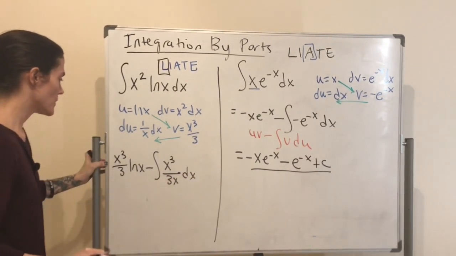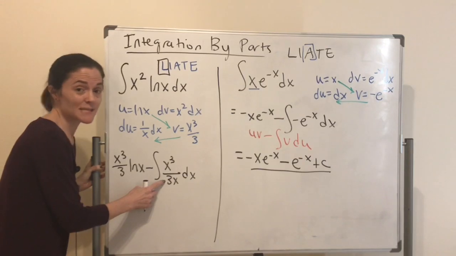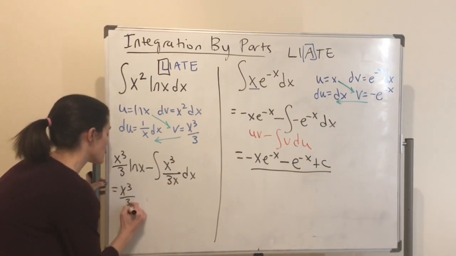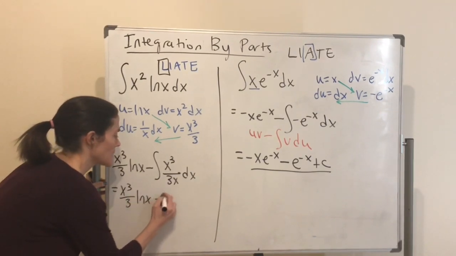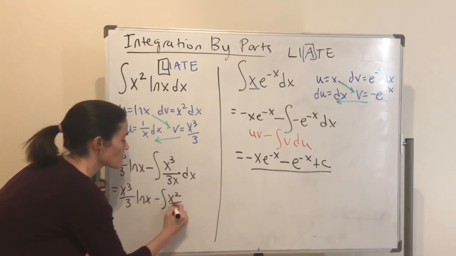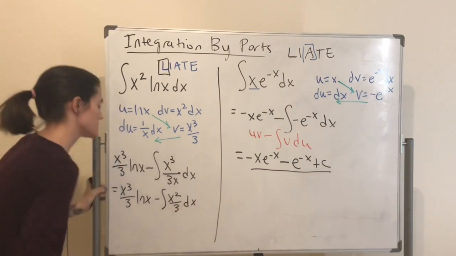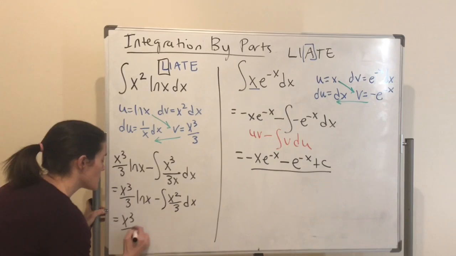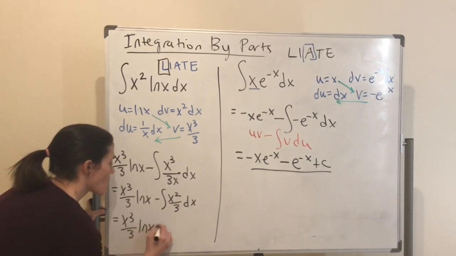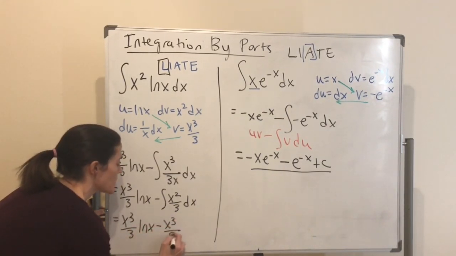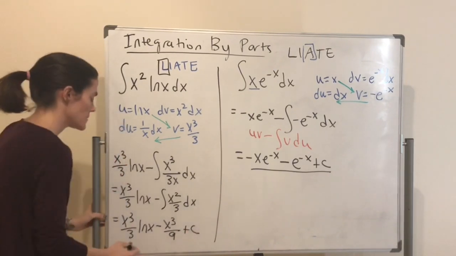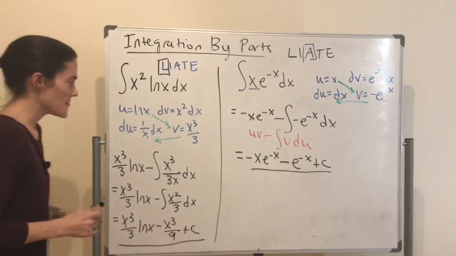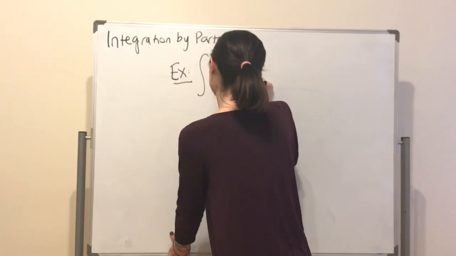Well, now, you see, I can integrate this, but I have to simplify it first. So this is x cubed over 3 ln x minus the integral x squared over 3 dx. And now when you integrate, it's going to be a cubed power again. It's going to be an x cubed, but now we have over 9 plus c, like this. So this is my antiderivative here.